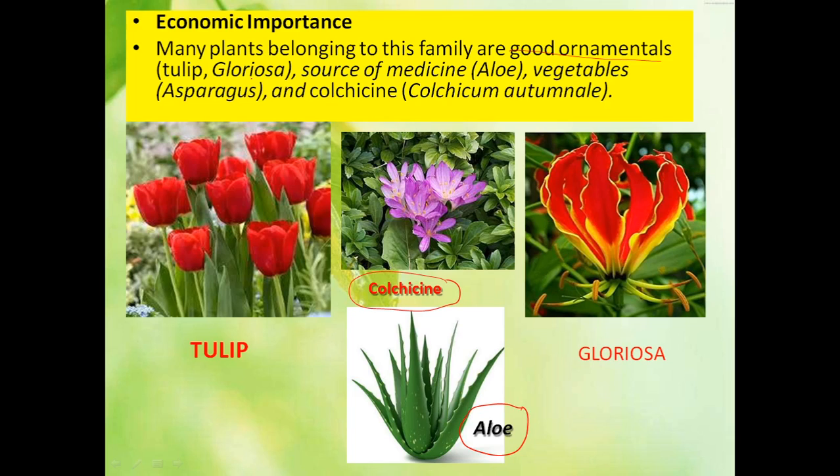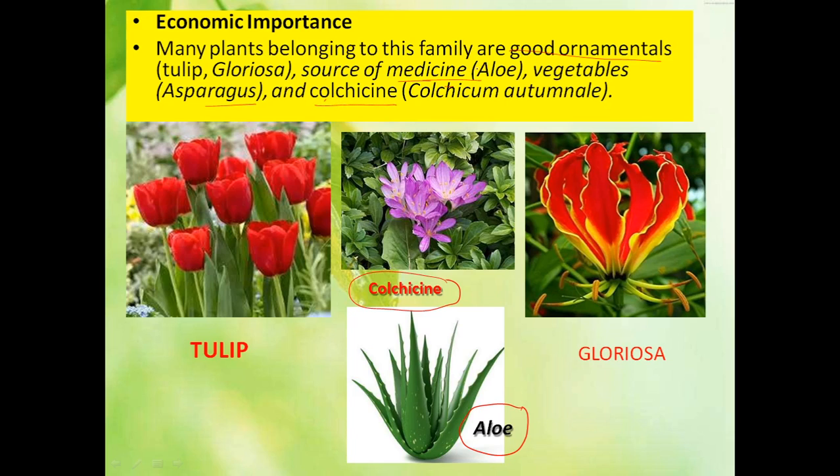The vegetable asparagus is used as a vegetable also. Aloe vera is also used for making some types of vegetables, and fibers are obtained from it. So finally, the Liliaceae have a lot of economic importance because most plant medicines are obtained from the Liliaceae family, like colchicine, the drug, or aloe vera.